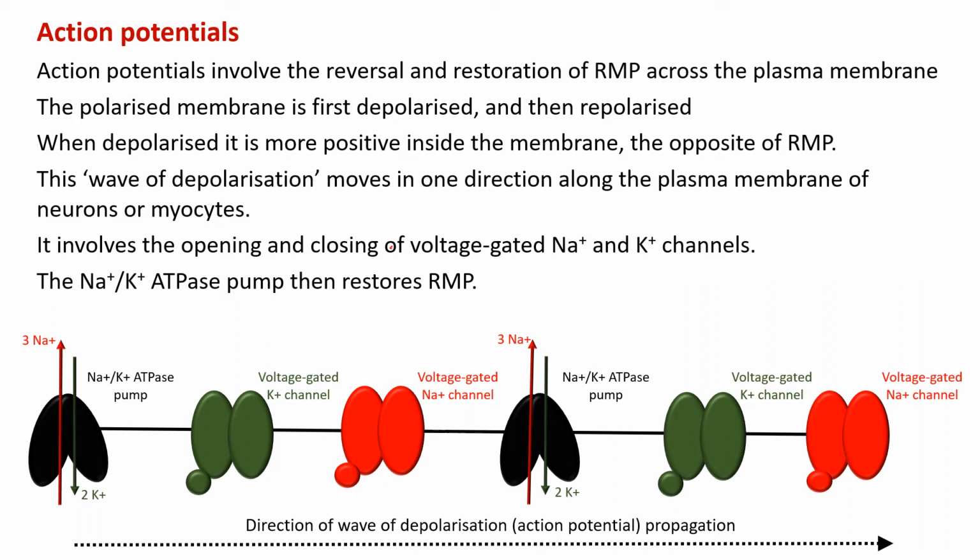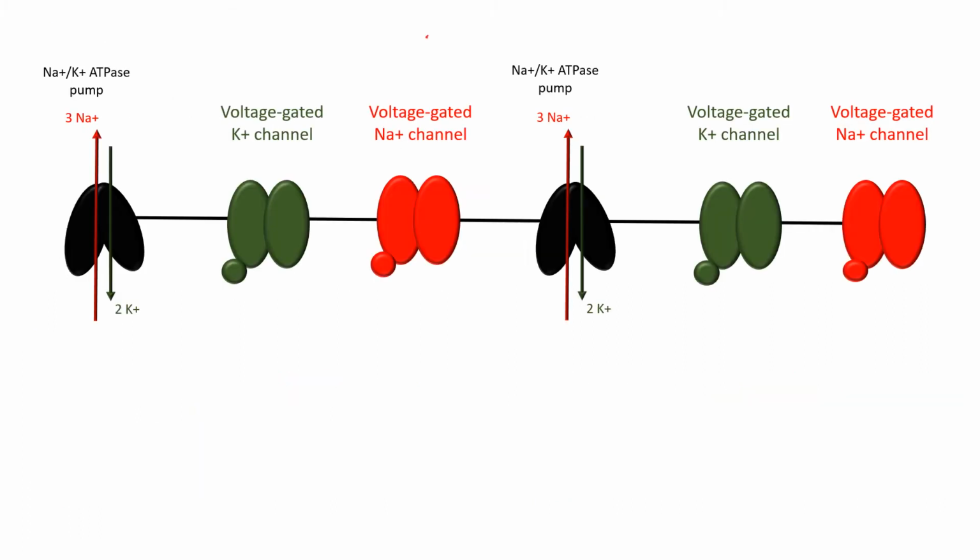Following this, the sodium-potassium ATPase pump, remember that one, restores resting membrane potential by pumping out 3 sodium and pumping in 2 potassium using ATP. So let's look at that in a little bit more detail.